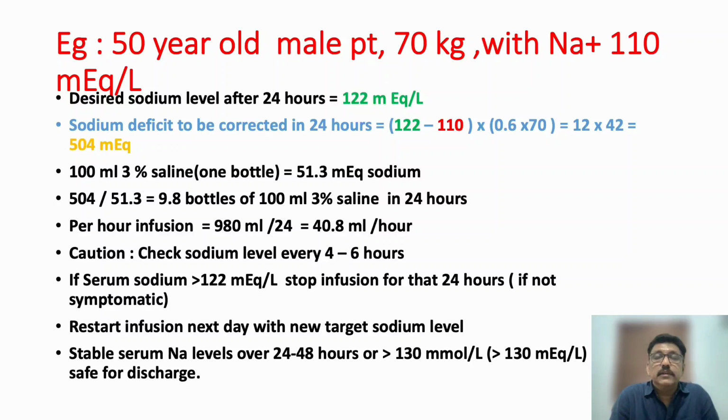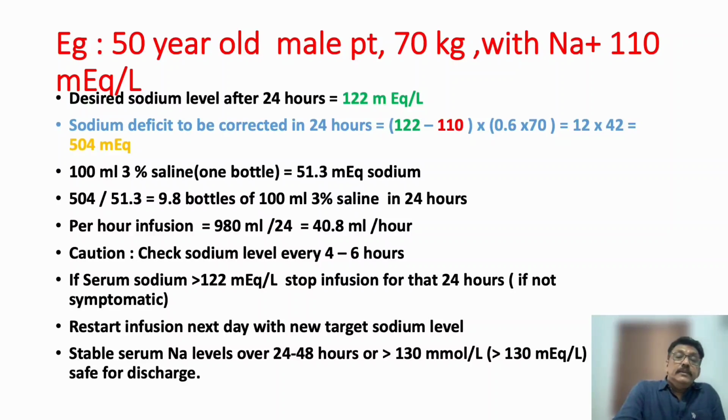Do not cross it after that, unless the patient is having a severe deficit. If the deficit is severe, you can correct a little more. Otherwise, don't try to correct, especially chronic hyponatremia. Acute hyponatremia you can correct a little faster, but chronic hyponatremia, if you try to correct faster, the patient develops neurological complications.